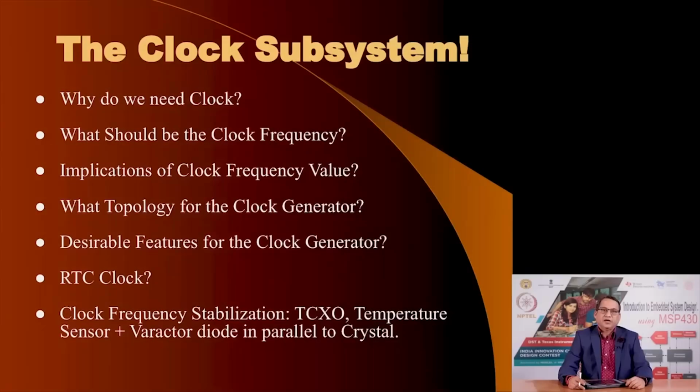Then the next question arises. So, we have answered this. The next question arises as to what should be the clock frequency. Now, there are two diverging arguments. One says that the clock frequency should be as low as possible. Why?